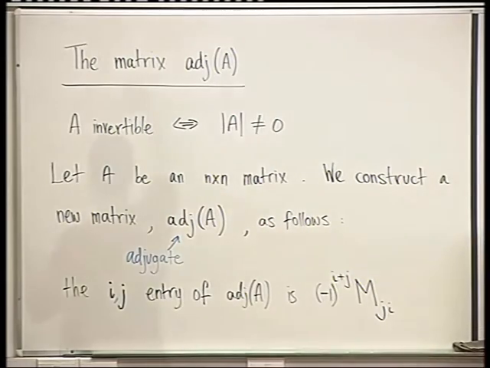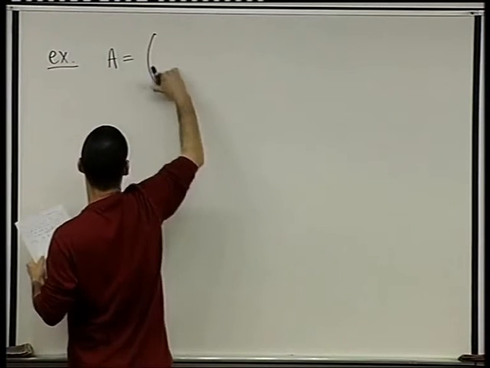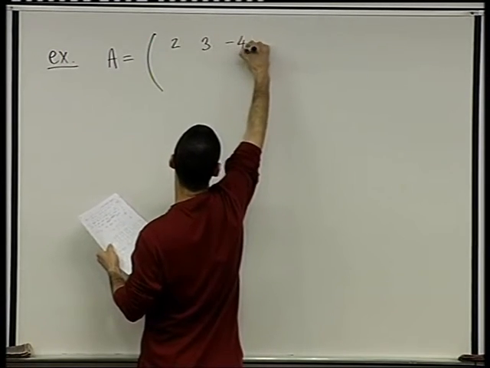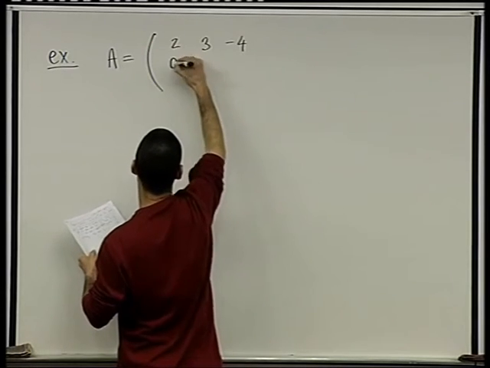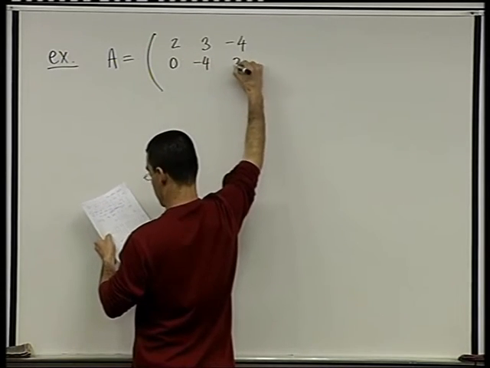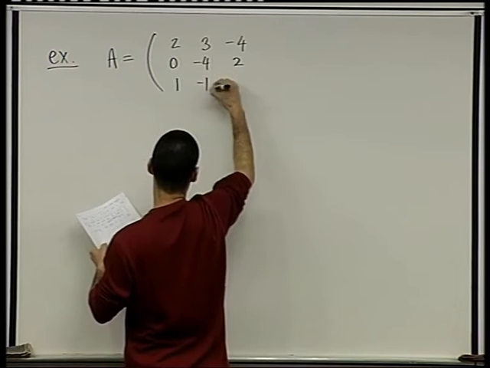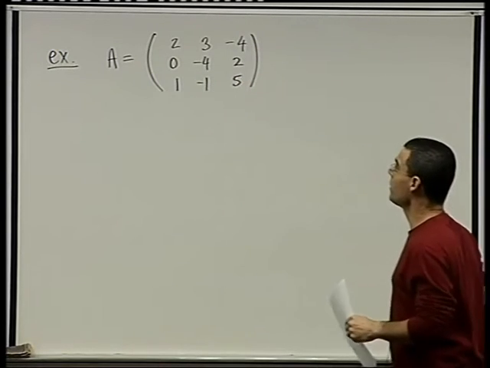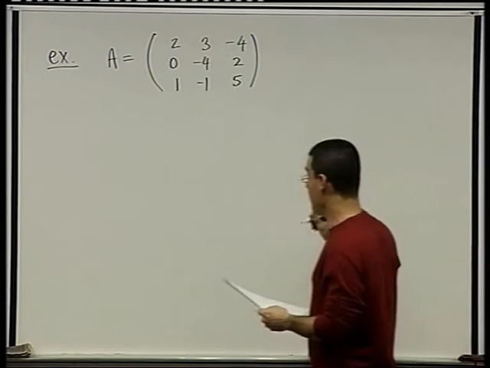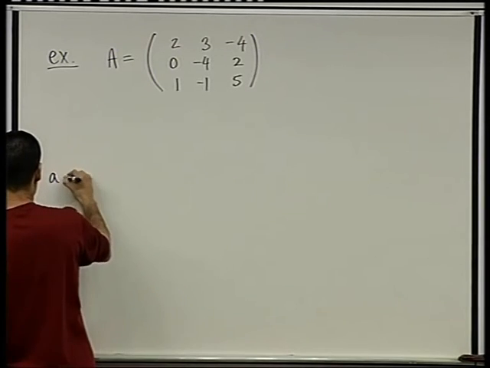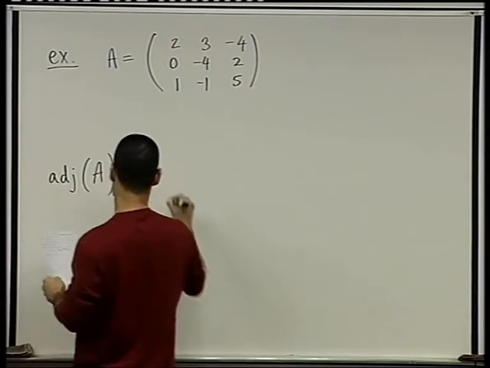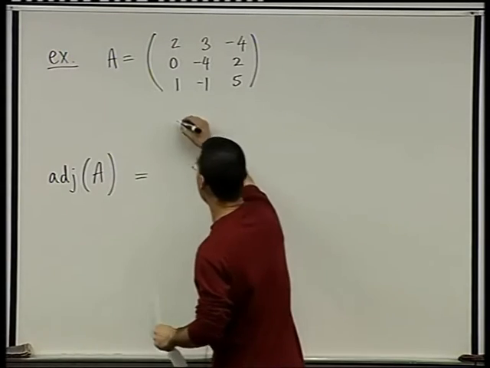So let's take a 3 by 3 matrix. It's going to be 2, 3, negative 4, 0, negative 4, 2, and 1, negative 1, 5. Just a good old 3 by 3 matrix. And let's calculate its adjugate, the corresponding one.